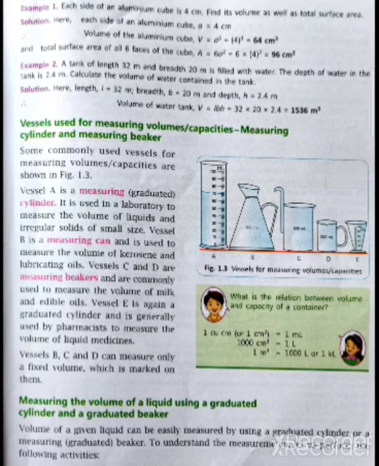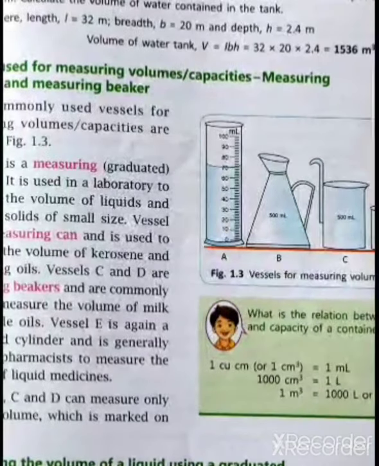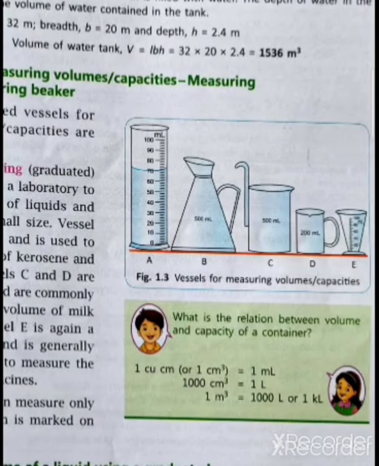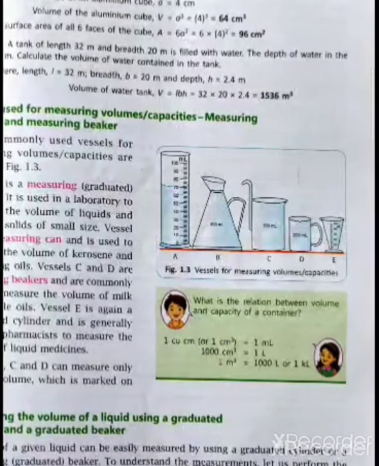So here you can see that in figure A there is a cylindrical shape vessel, in B conical shape, in C cylindrical shape, and in D cylindrical shape but of a small quantity, and in figure E represents a frustum type volume vessel.